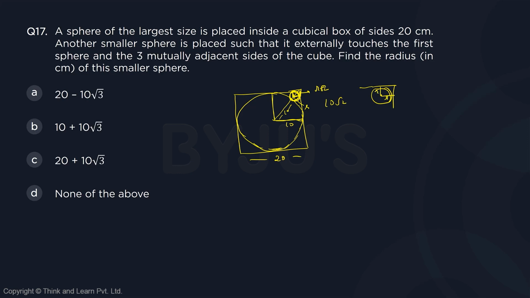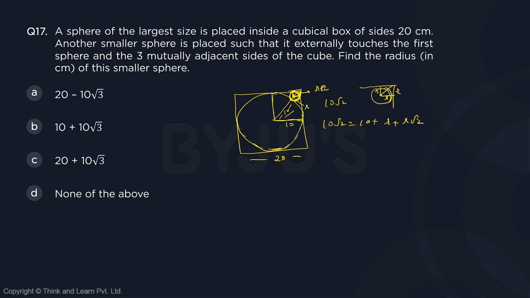Where this is r, and this is r root 2. So can I say this complete 10 root 2 is equal to 10 plus r plus r root 2, and then solve it further to get the value of r. This happens in square and circle, right?